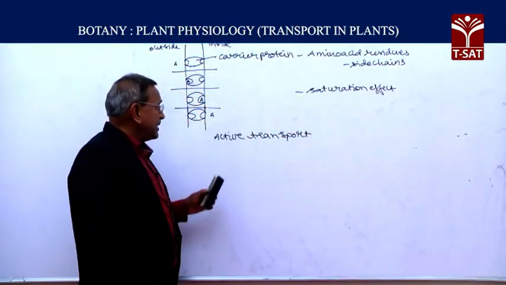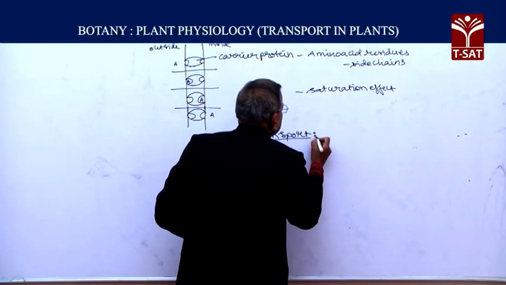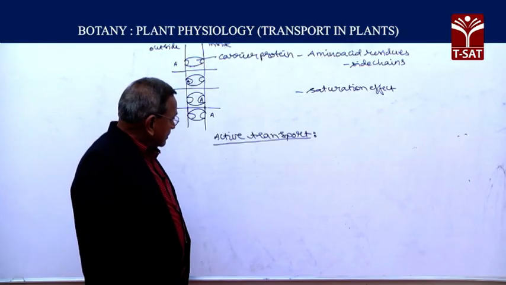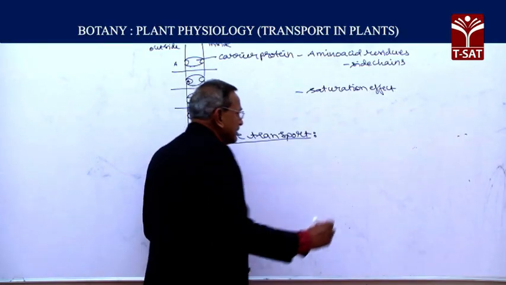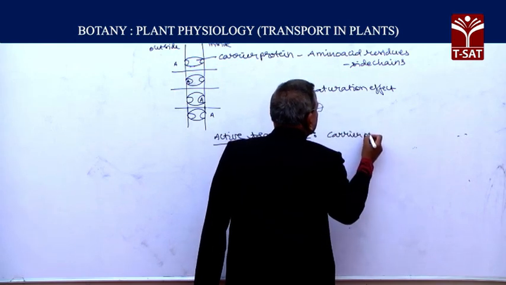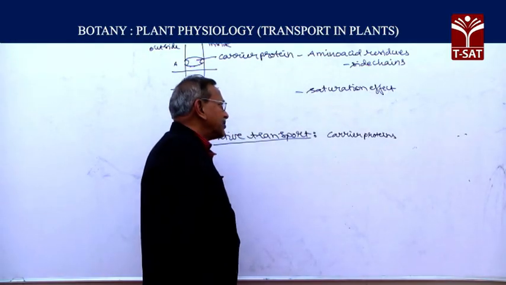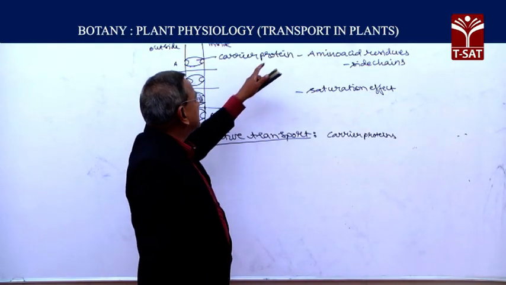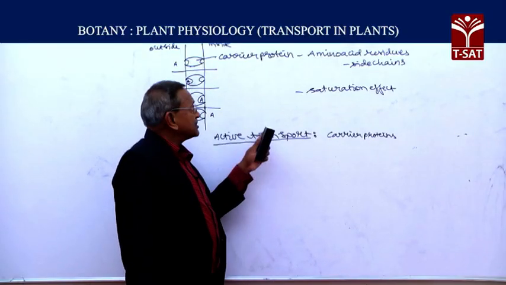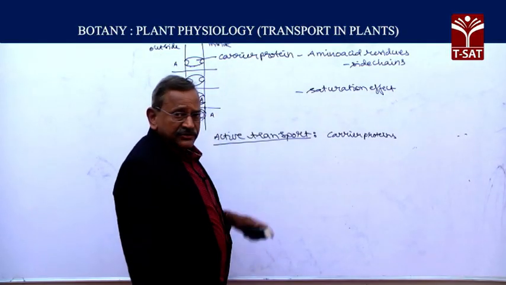Now let us take up active transport. Like facilitated diffusion, this also requires carrier proteins. The carrier proteins in active transport are similar to carrier proteins of the facilitated diffusion.